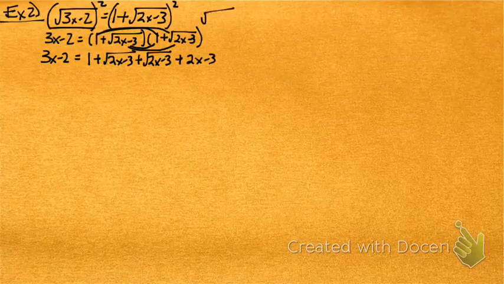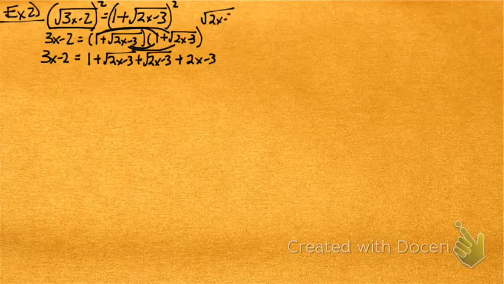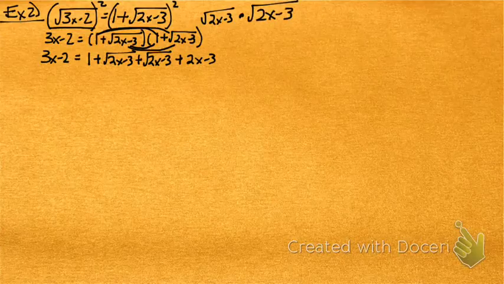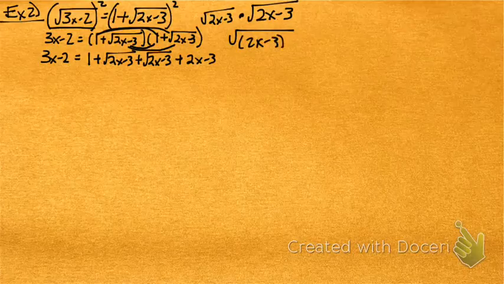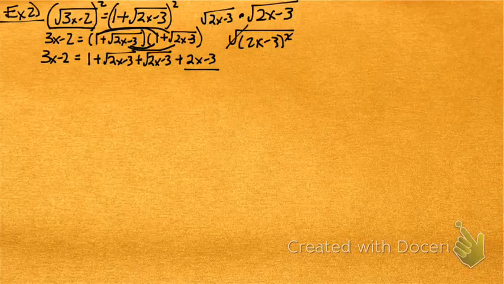Again, remember, if you multiply a square root of 2x minus 3 times the same square root of 2x minus 3, you really have the square root of 2x minus 3 squared, and these undo these radicals. So you just get 2x minus 3, and that's a little tricky.